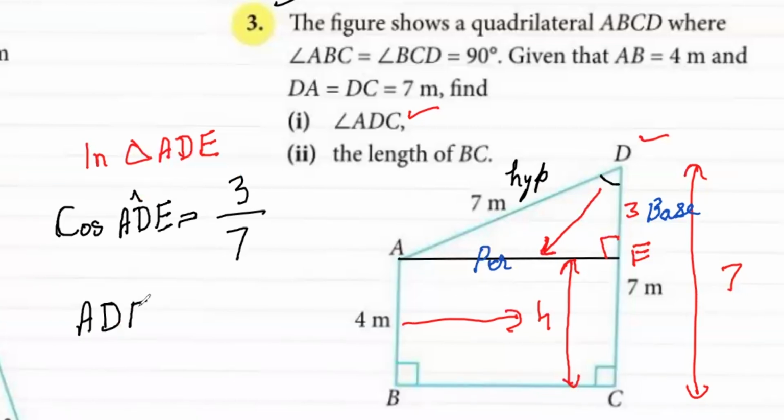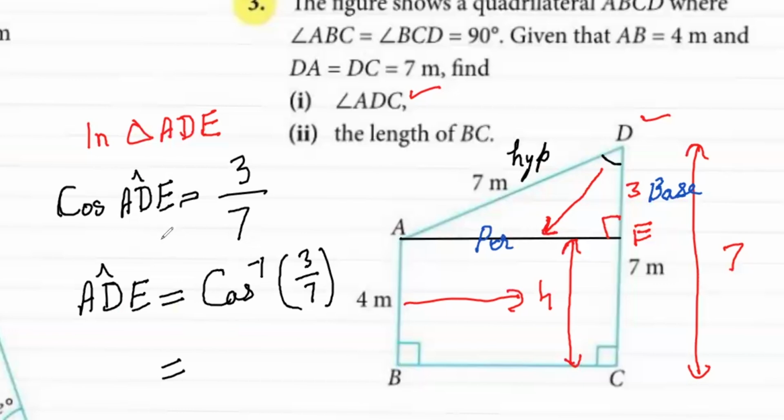We are going to shift cos to the other side, and I told you a rule that whenever cos goes to the other side, it becomes inverse, not raised to power minus, but it is called inverse. Cos inverse of 3 by 7. So here we got the answer 64.62 degrees, or you can round off this angle to 65 degrees.